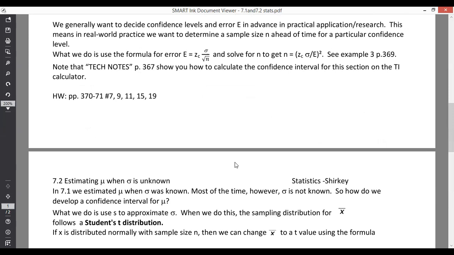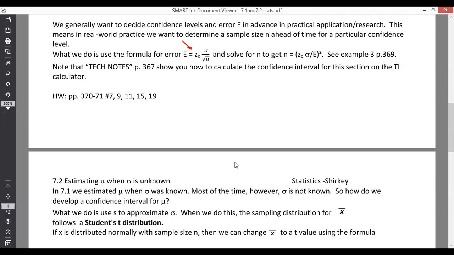So we generally want to decide confidence levels and the error in advance in practical applications and research. And this means in real world practice, we want to determine a sample size n ahead of time for a particular confidence level. So how do we get that? Well, what we do is we use the fact that our error equals z sub c times sigma over the square root of n.